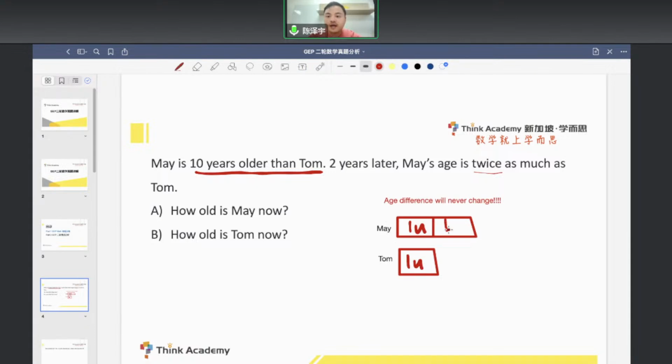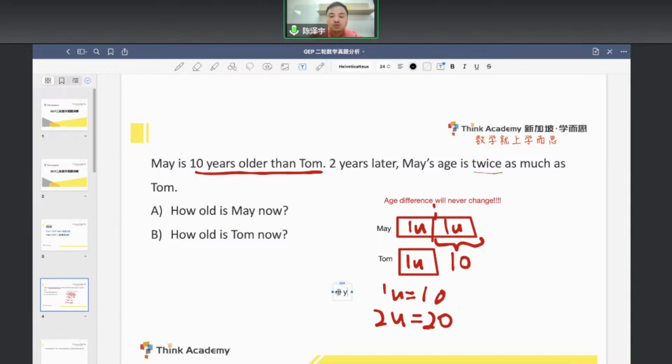Since we know that age difference will never change, if I draw a dotted line down, this part represents 10 years old. So 1U equals 10. Therefore, I know that 2U, which is May's age 2 years later, will be 20. Remember, this one is 2 years later.